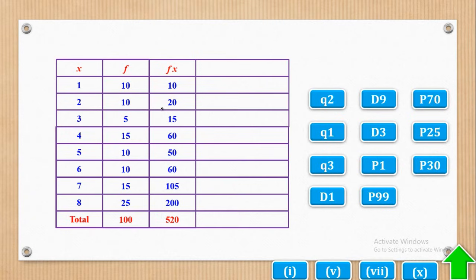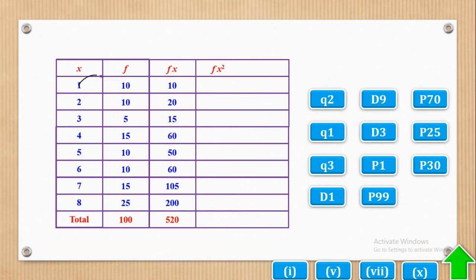Now this is the column which will help us to get the mean, but they also asked for variance, so we need the column for fx squared. Now fx squared means x squared times the frequency, to give you what to put here.